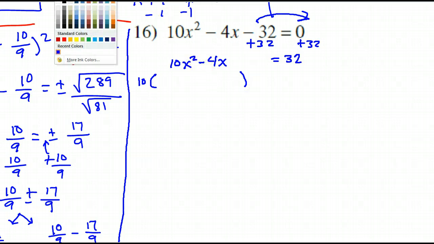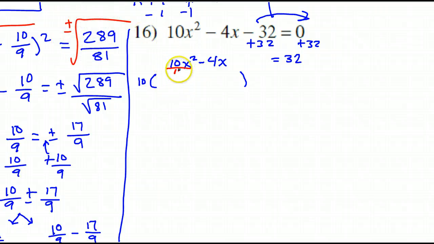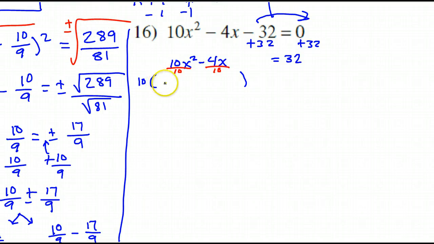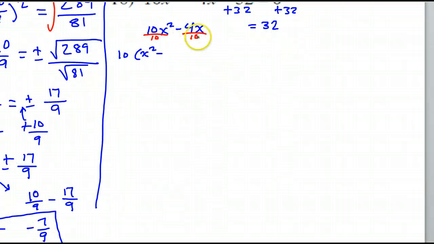But remember, when you are pulling that 10 away, what you really are doing is dividing by 10. So if I divide by 10, then I'm going to have my x squared minus, now 4 over 10 reduces. Almost all of you can just do that in your head and see that that will be 2 over 5.